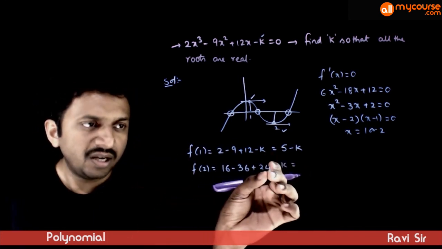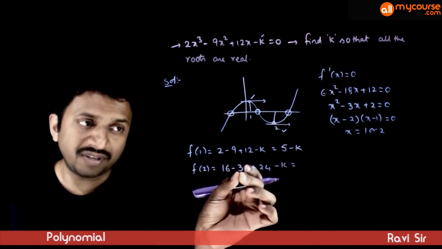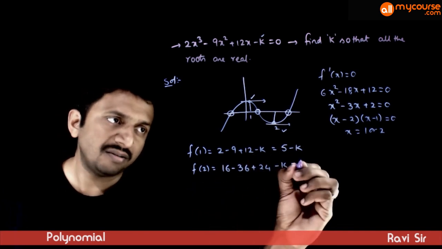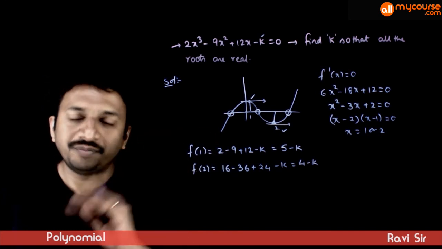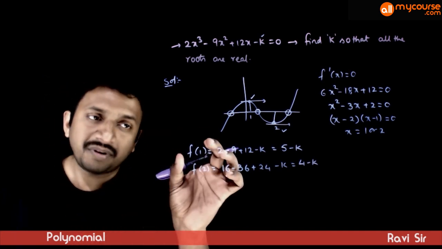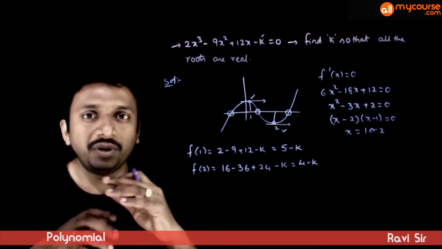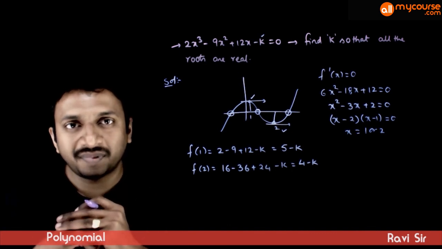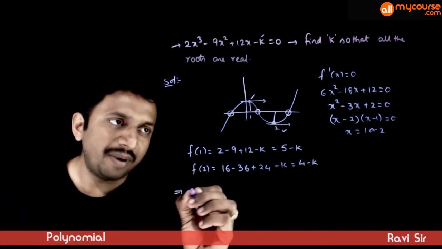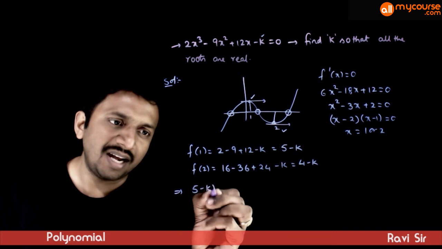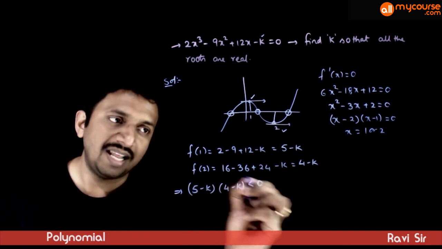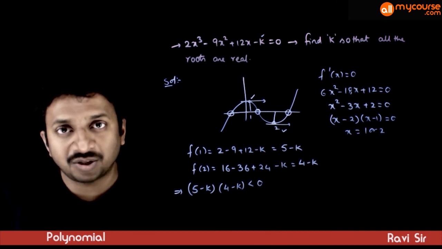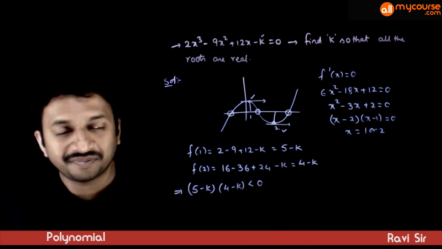That is equal to 24 plus 12 is 36. So you have a 4 extra. 4 minus k is f of 2. Now f of 1 and f of 2 should be of opposite signs. So this implies 5 minus k times 4 minus k has to be less than 0.